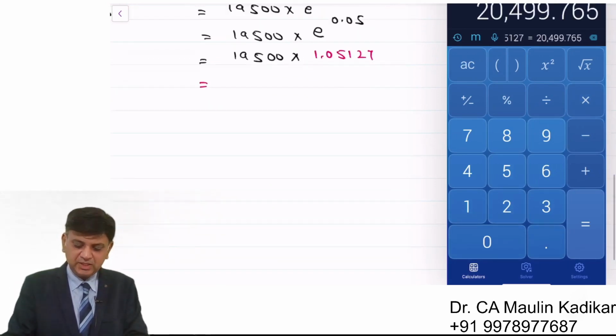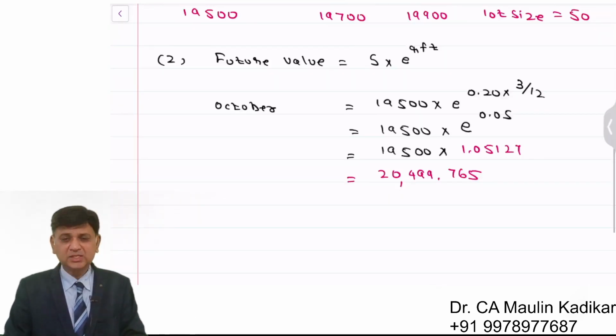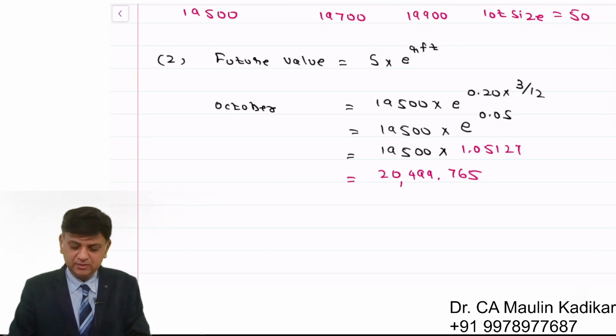So it is 20,499.765. That is very near to 20,500. That is for the month of October.